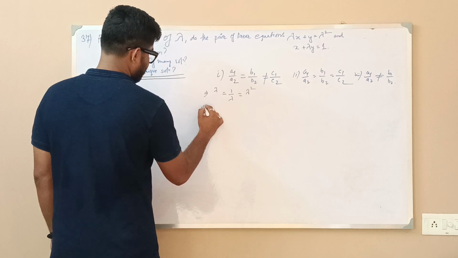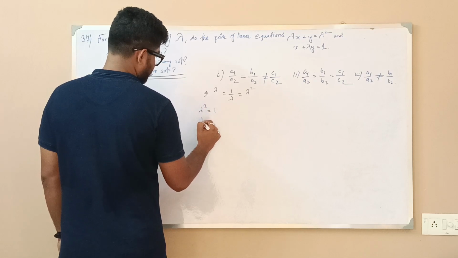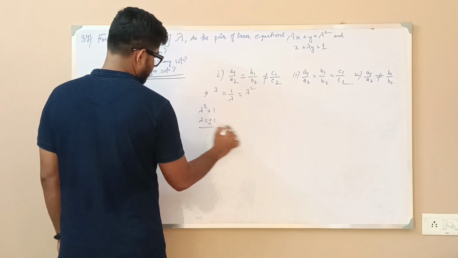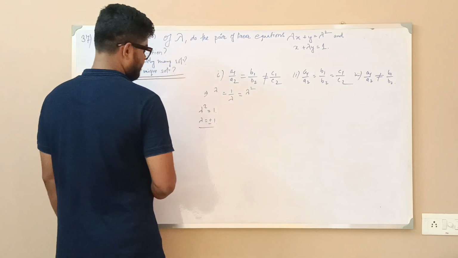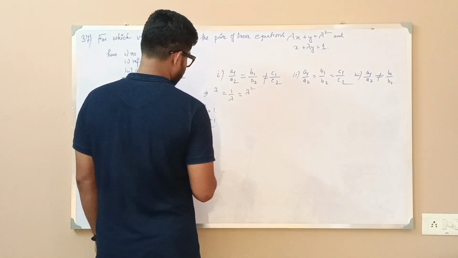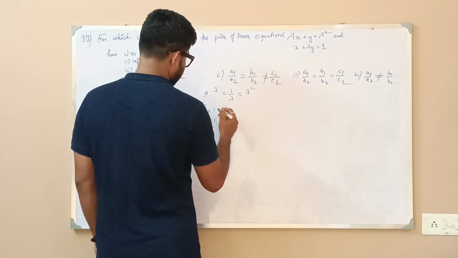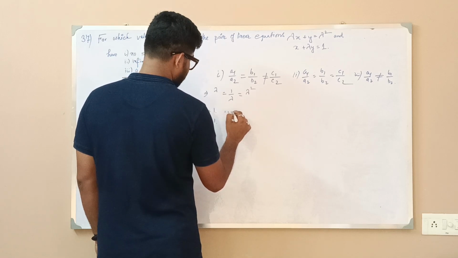So lambda square will be 1. Value of lambda will be plus minus 1. Now suppose we'll take the value of lambda as 1, so it will be 1 equals to 1 equals to 1.